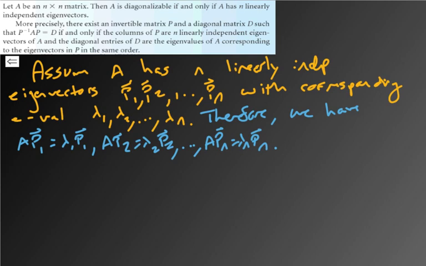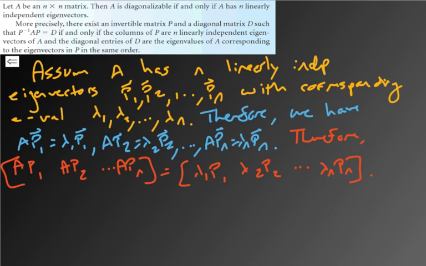From there we can create this matrix equivalence, and then we can factor the A out of this thing, and we can factor this into AP equals PD, right? So we have this.